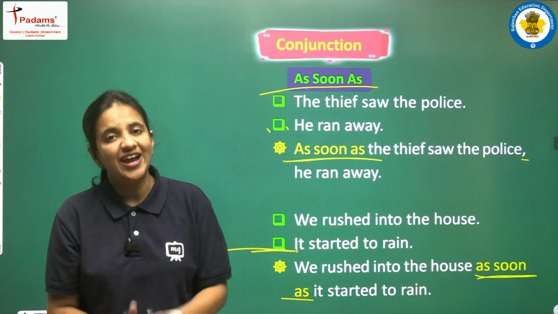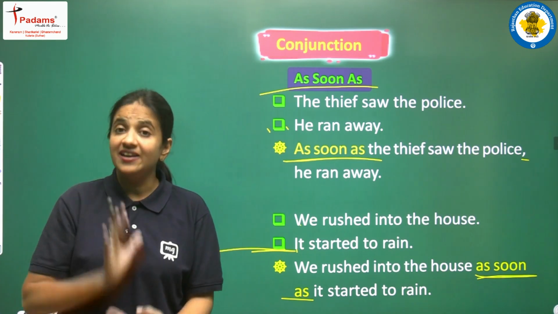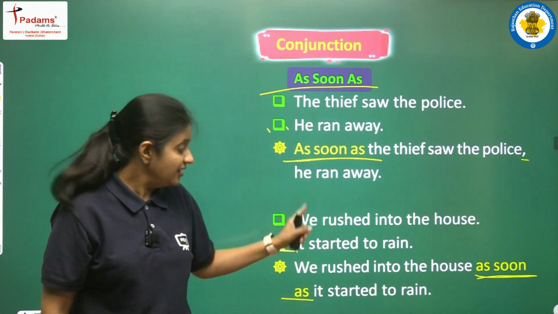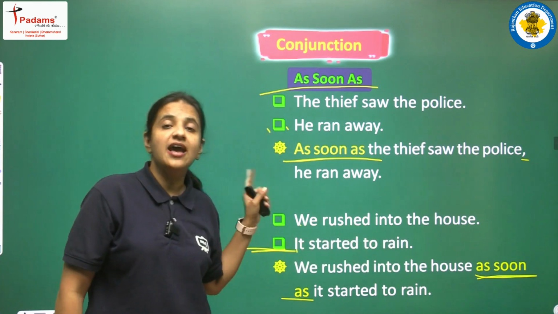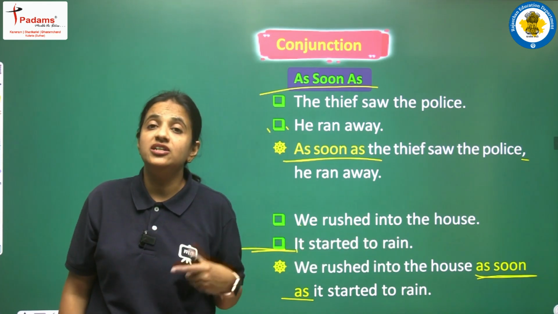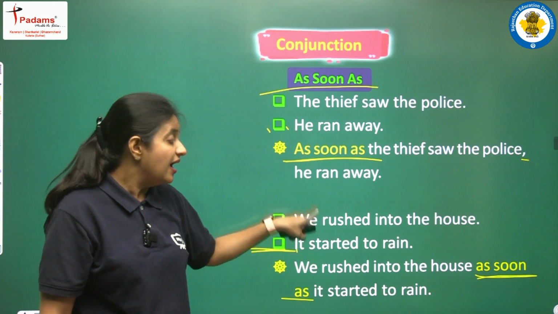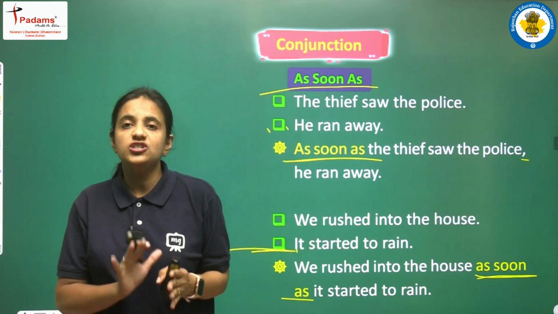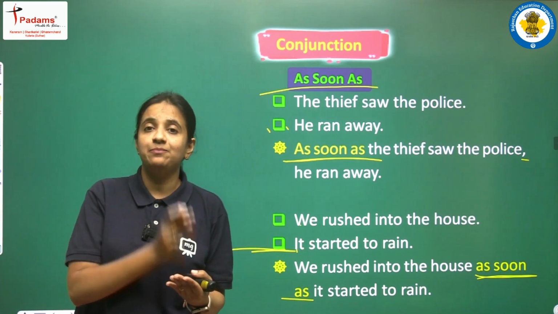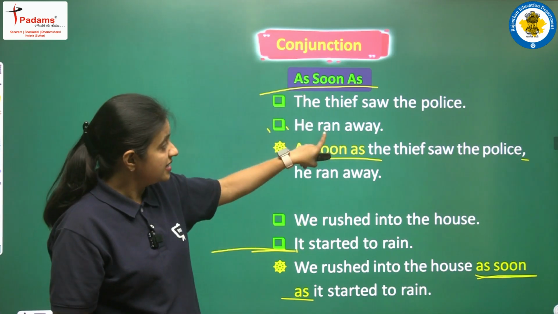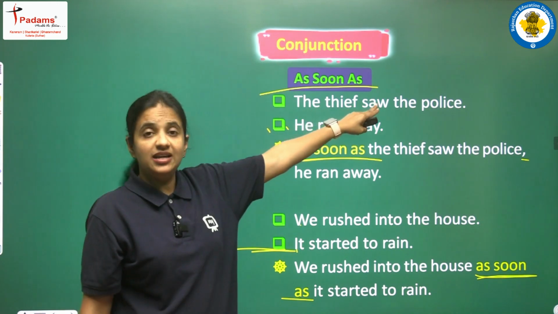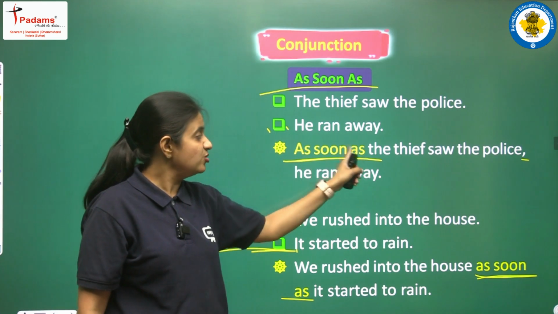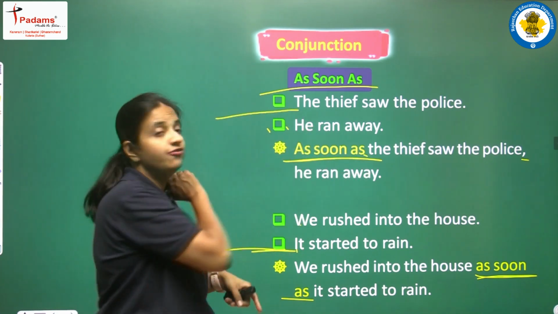Why? Just try to understand the reason. After reading the sentence, it is very clear that the second sentence has the action that happened first, earlier than the other action, and as soon as is always used before the action that happened first. In the previous example, the action in the first sentence happened first, so as soon as was in the beginning of the first sentence.